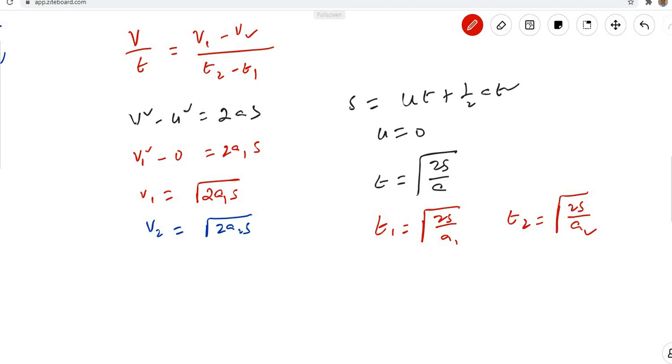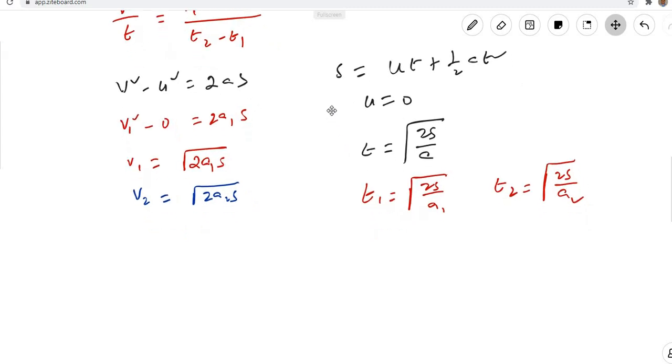Now we have got everything, and we'll put it in that formula. So v by t is equal to v1 minus v2.